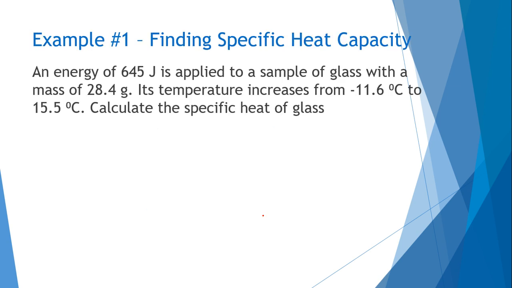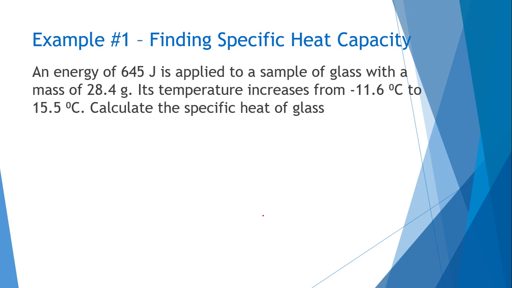We're going to look at 4 examples, finding each one of these 4 things. So for example, number 1, we're going to find the specific heat capacity. It says an energy of 645 joules is applied to a sample of glass with a mass of 28.4 grams.